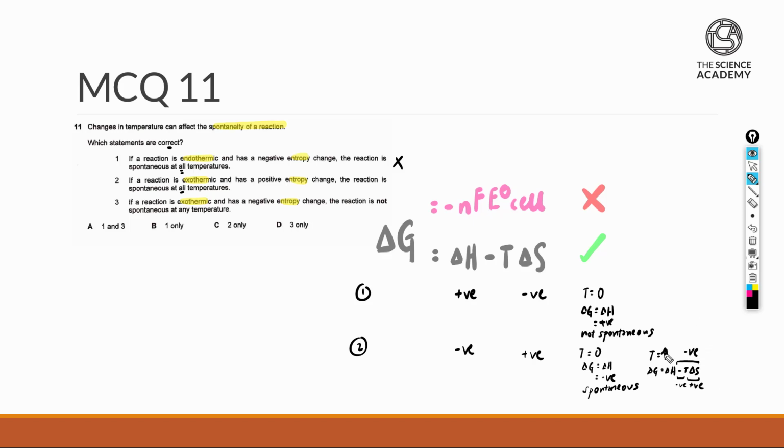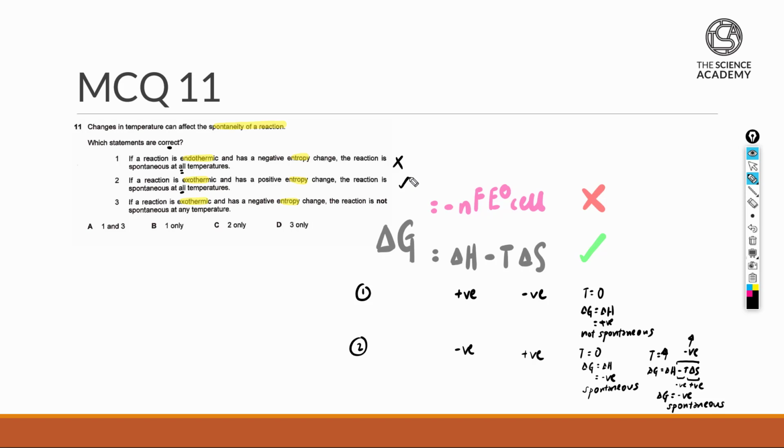So when temperature increases, the magnitude of negativity also increases. Delta H itself is already negative. A negative minus the negative value here just becomes a larger negative value. So delta G is negative, and I would then say yes, it is considered to be spontaneous as well. So we have investigated a low temperature as well as a high temperature. My option number 2 is correct.